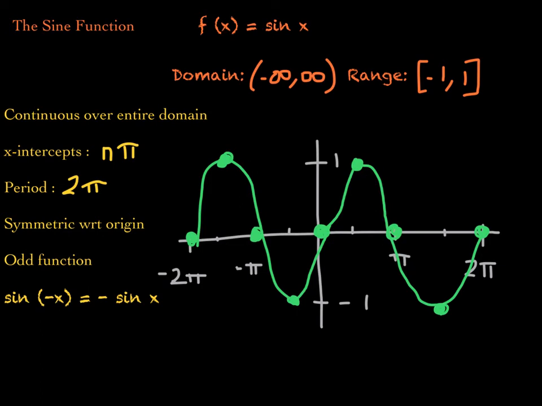Notice that all of your x-intercepts, look at this: negative 2 pi, negative 1 pi, 0 pi, 1 pi, 2 pi, and next would be 3 pi, 4 pi, 5 pi. So all of the x-intercepts are of the form n pi, where n is an integer. So basically, all of the multiples of pi are your x-intercepts. The period is 2 pi, so from 0 to 2 pi, you get all the function values, right?